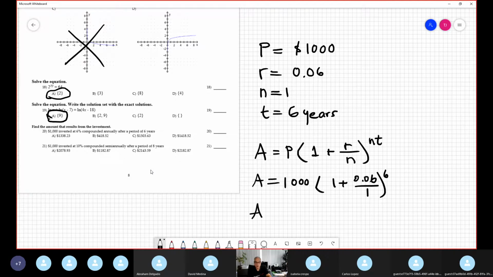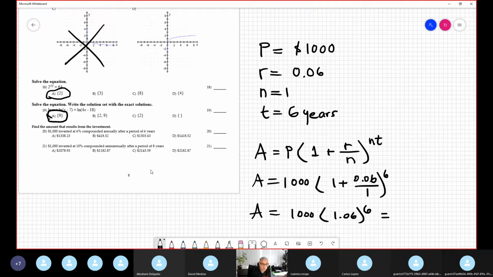So actually it is 1,000 times 1.06 raised to the 6th power, because 0.06 divided by 1 is 0.06, and 0.06 plus 1 is 1.06. So I put in my calculator 1,000 multiplication, parenthesis, 1.06, close the parenthesis, power 6. Boom, I get the answer.